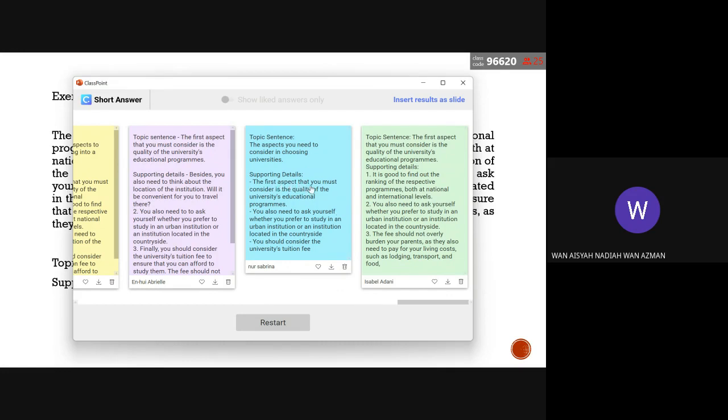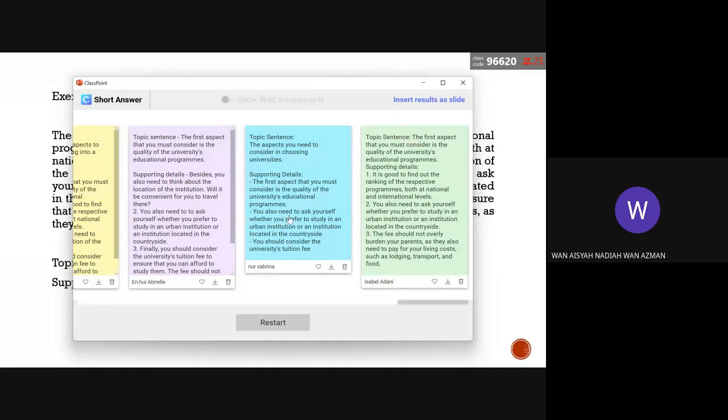The first aspect that you must consider is the quality of the university's educational program. This would be your first supporting detail. The second supporting detail should be this one.